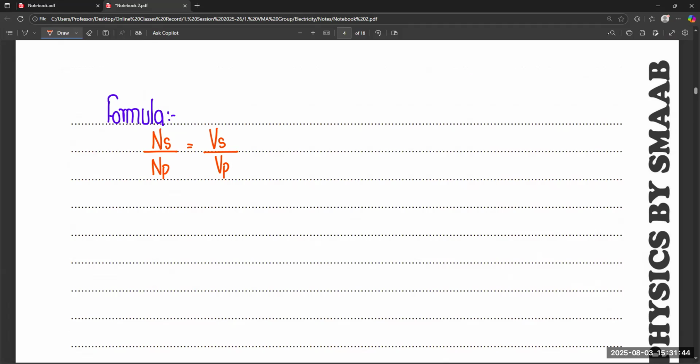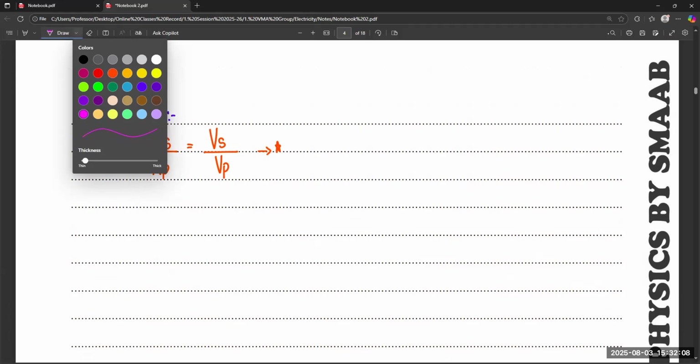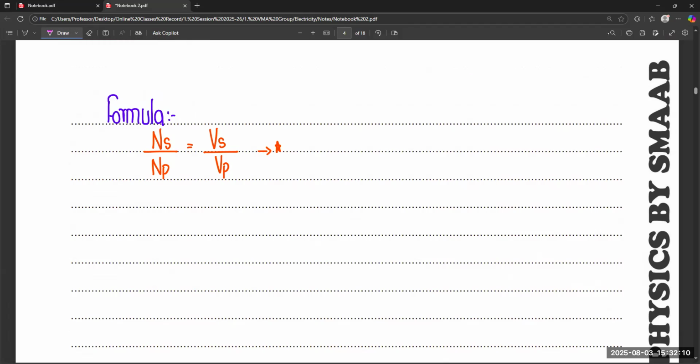So this is one equation. This equation helps you to find out any unknown quantity given in the formula. And you can shuffle and rearrange the values according to your choice, according to the unknown value given in the question. In the same way, if we talk about the concept of power, as we mentioned, in both types of transformer, power is the same.